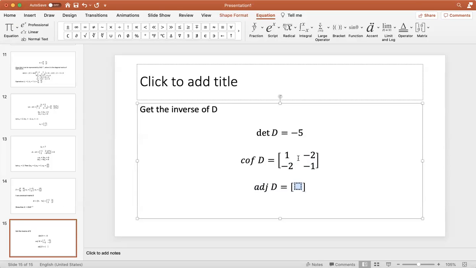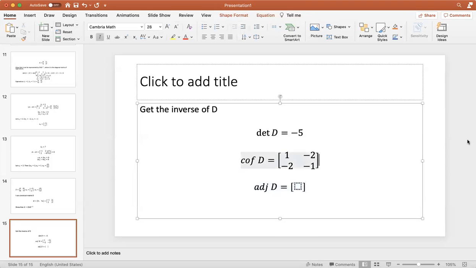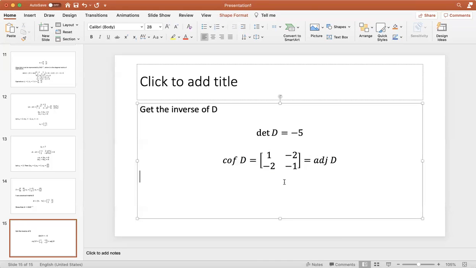Since this is symmetric, this is equal to the adjoint of D. If a matrix is symmetric, if you get the transpose of that matrix, you'll still get the same matrix. So if I transpose this, I'll still get 1, -2, -2, -1.